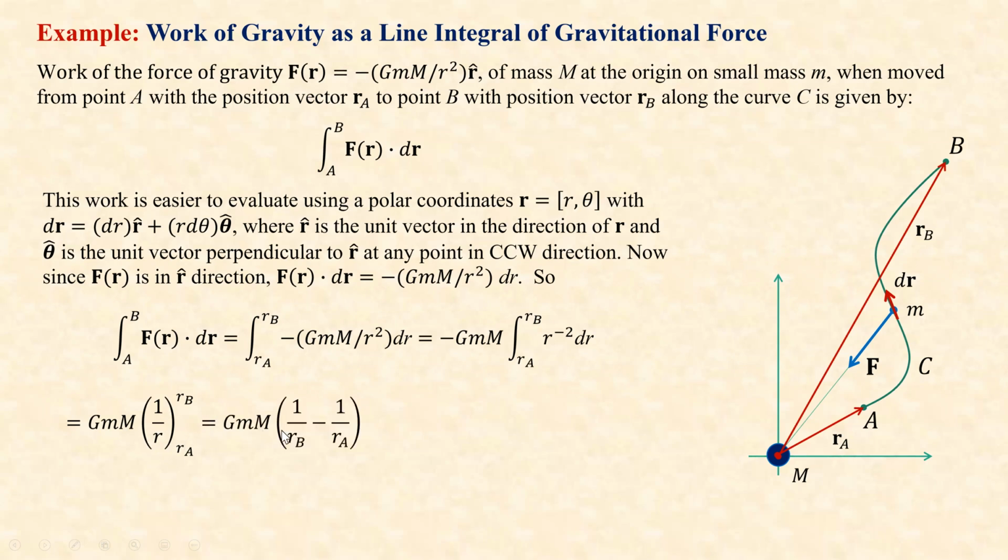So it becomes GMm times (1 over r_B minus 1 over r_A), right? And then we can write this as the negative of U, the gravitational potential energy at point B minus the gravitational potential energy at point A, or the negative change of gravitational potential energy, which is this function, negative GMm over r.